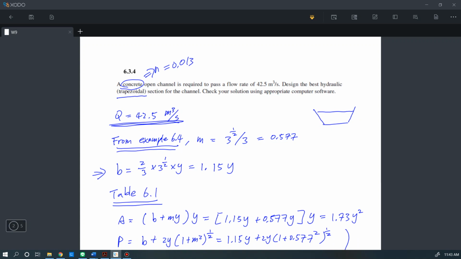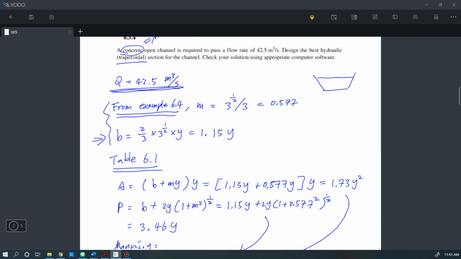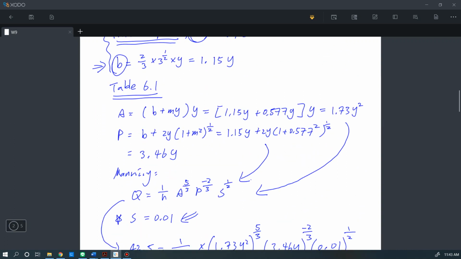And to see why we have this relationship, I highly recommend you go to example 6.4 to see the proof for why, with this m and this B, a channel can be the most hydraulically efficient.